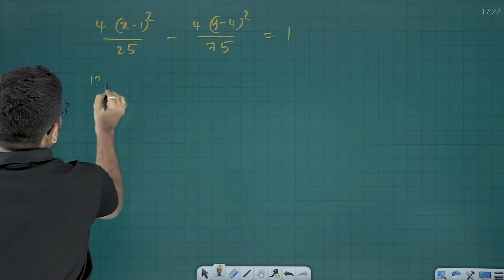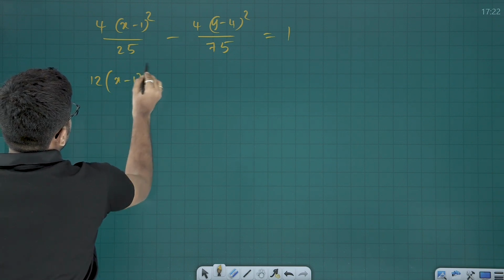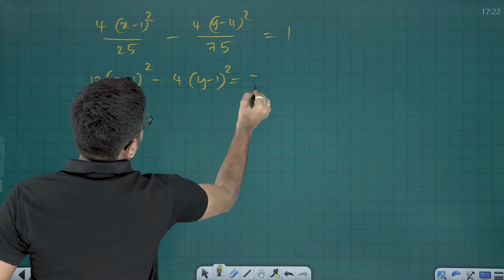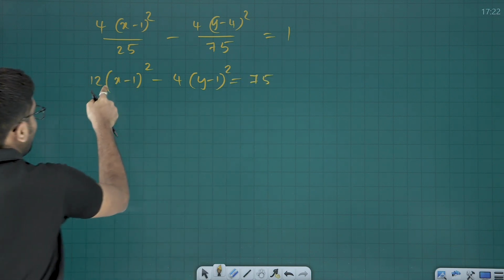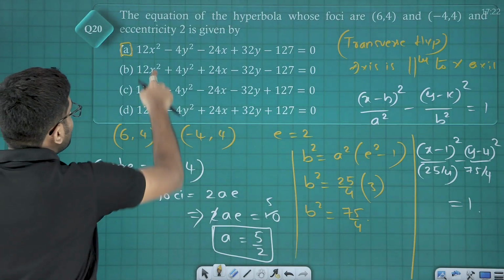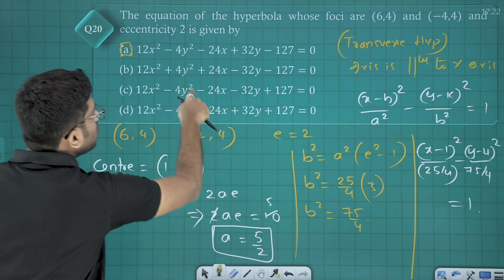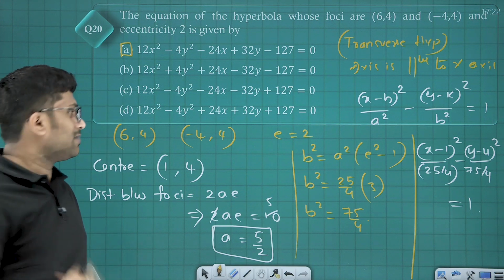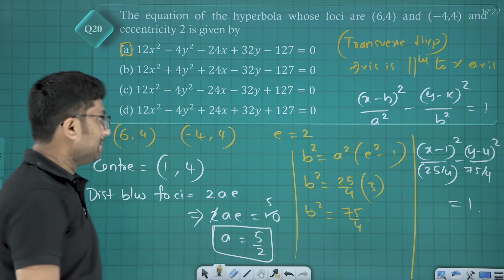LCM 4, 3s are, so 12 times x minus 1 whole square minus 4 times y minus 4 whole square is equal to 75. See, 12x square and 4y square. If we simplify it, just one more step, we will be getting option A.